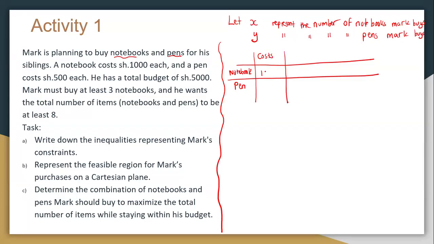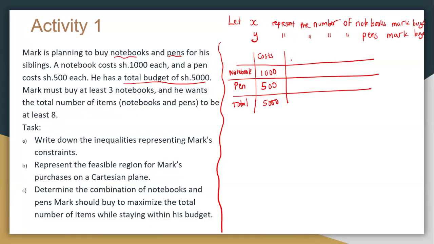The notebook is costing 1,000 and a pen is costing 500. And what total amount of money does Mark have? The total amount of money that Mark has is 5,000. When you read the question, he has a total budget of 5,000. Then continue and ask, Mark must buy at least 3 notebooks, comma, and he wants the total number of items to be at least 8.